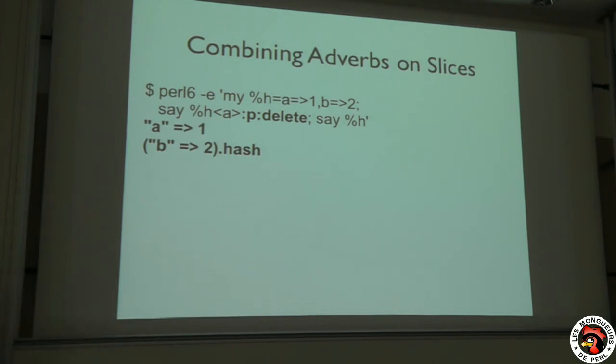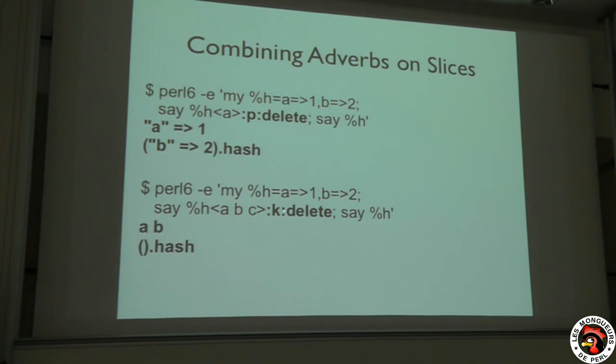Right? And this, for instance, combines k with delete. So it will not actually return the values that it deleted, or the pairs, it will actually return the keys that it deleted. And notice here that I also tried to delete C, but since it wasn't in there, it's not returned.